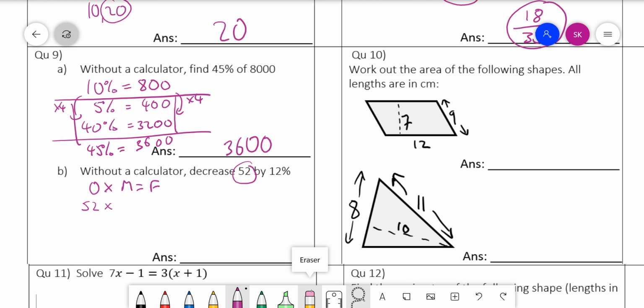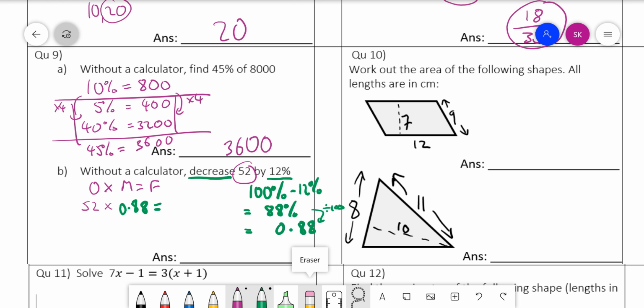My multiplier, well, if I'm decreasing by 12%, it's like 100% take away, because it's decreasing, 12%, which is 88%, which as a decimal is 0.88. I've divided by 100. So I'm going to write that in place of the multiplier, 0.88.